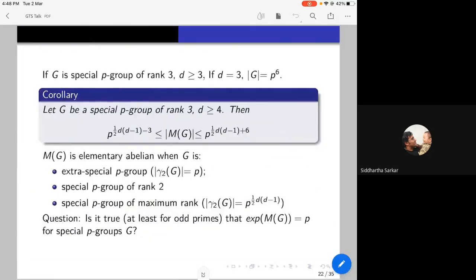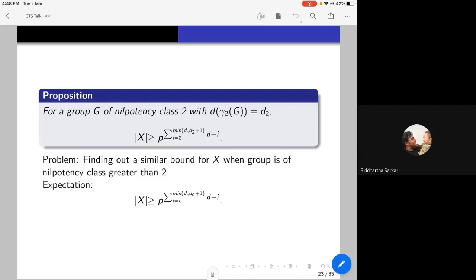For this X, one can prove that |X| is greater than or equal to p to the power of the sum of (d minus i), where i runs from 2 to the minimum of d and c plus 1. Incorporating this in a tricky manner into the exact sequences, one can derive this.